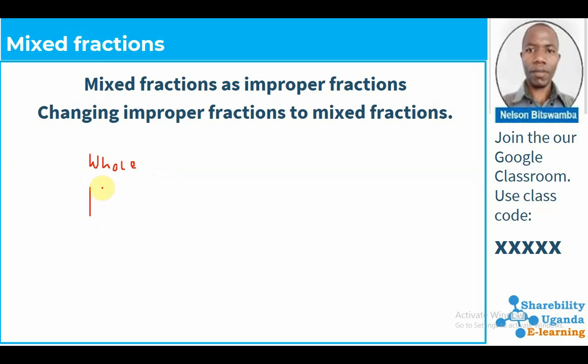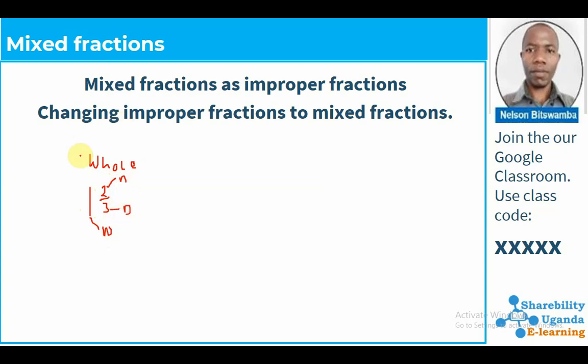For example, if we have our fraction here, we can say this fraction is a mixed fraction. Number one, it has a whole number, which is this. This one is the numerator, and this one is the denominator.